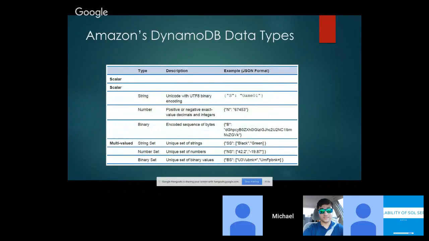Looking at the DynamoDB data types, you can look within the table, and this shows the different types, the description types, and the different JSON examples of how it's broken down within the different types here.